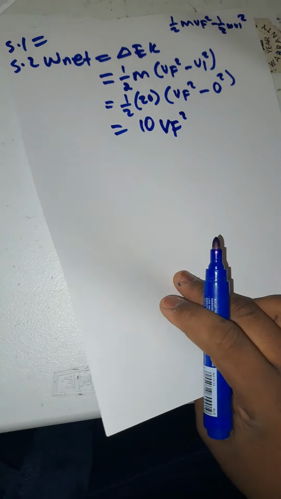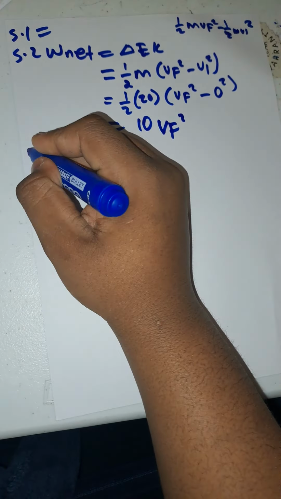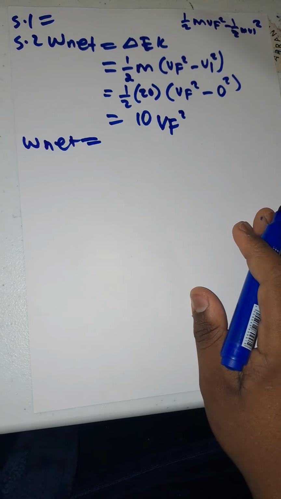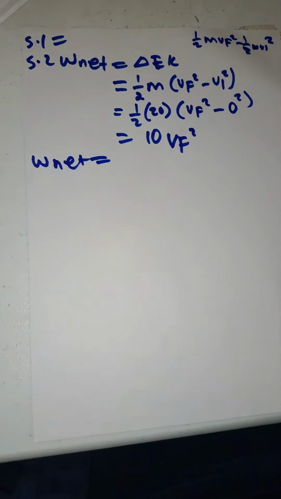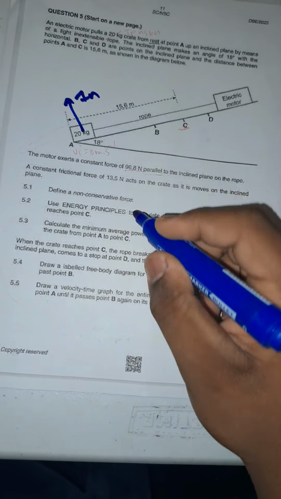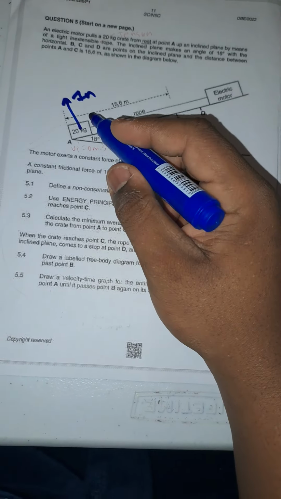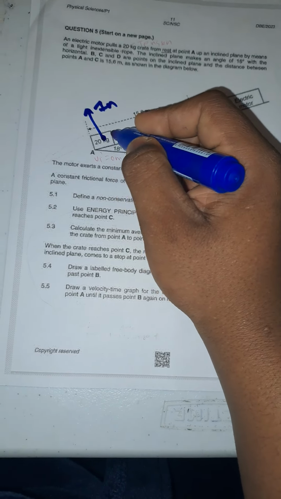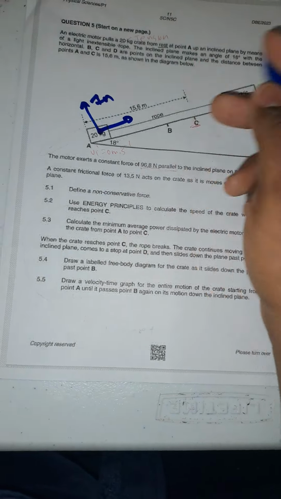Now, since I have W net, I'm simply going to say W net is equal to the forces that are acting on the object. So let's go back to our object. You have the normal force, right? And since it is work, energy and power, you are advised to use this one. This one is the force applied, which is going that way.